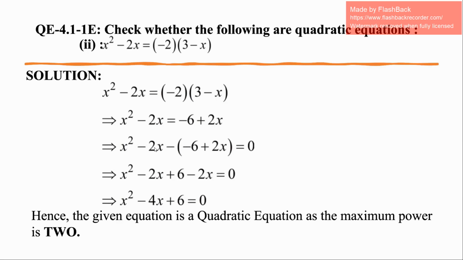Again we have written the same things, and now when we pull the total content of the right hand side to the left hand side, we have to add a minus sign, and we have written the entire term from the previous line: minus 6 plus 2x.